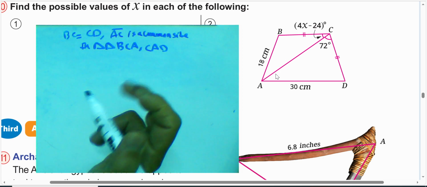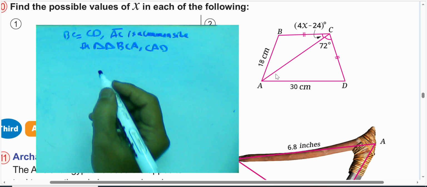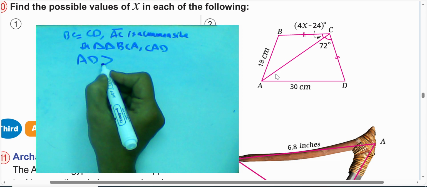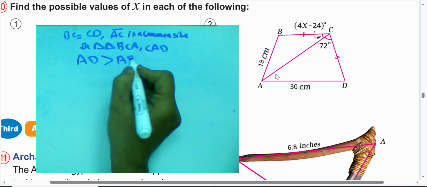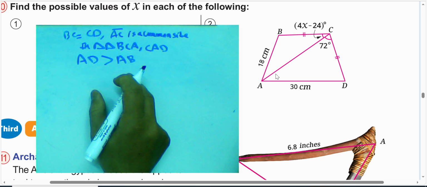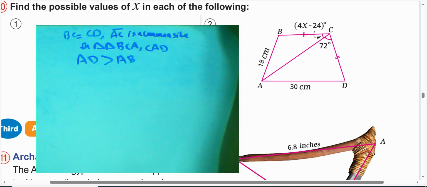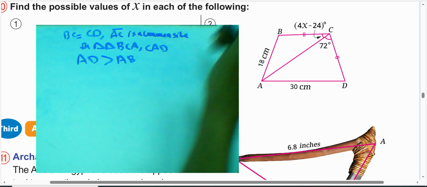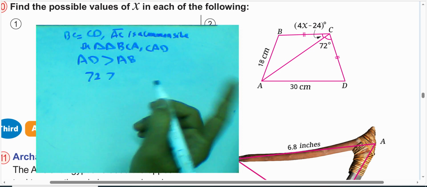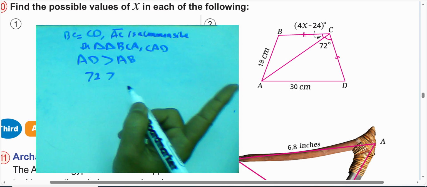We have the relation between two angles and two sides. First, ED is greater than AB, that's 30 centimeters and here 18 centimeters. Then the opposite angle of 30, which is 72, is greater than the opposite angle of 18, 4x minus 24.